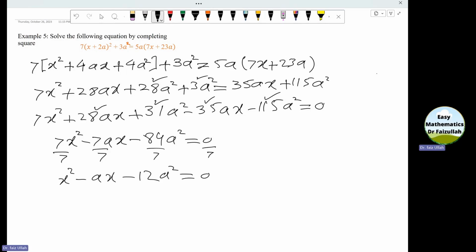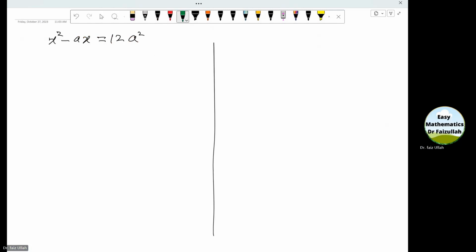Now shift the constant term to right hand side. We have x square minus ax is equal to 12a square. Now we multiply the coefficient of x by 1 over 2. So we have 1 over 2 into a. From this we get a divided by 2. So add the square of a by 2 on both sides of the above equation.